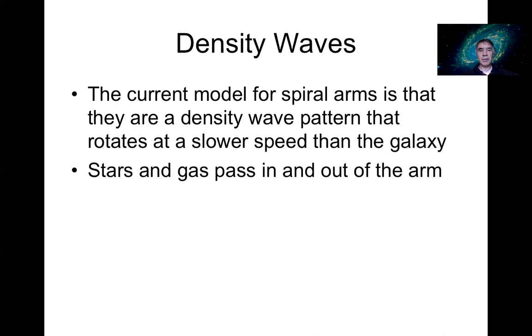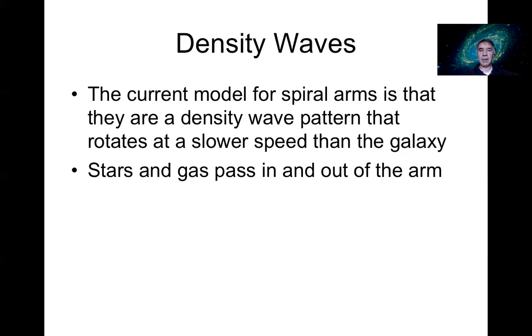Okay. So as I mentioned, we've already ascertained that stars and gas can't be fixed in the spiral pattern, so therefore stars and gas move in and out of arms over time. So as a star like the sun is rotating around the galaxy, it's going to go in and out of spiral arms as it encounters them.